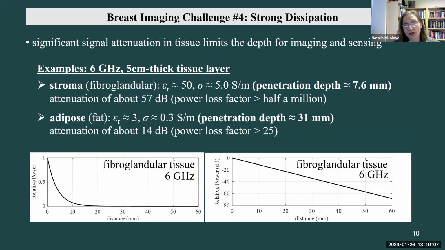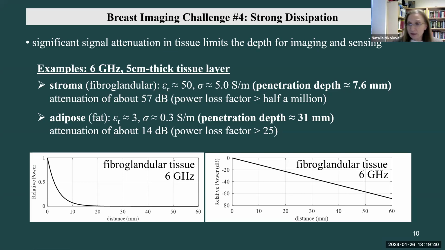Finally, our biggest challenge is that there is strong dissipation in the tissue. And as an example for breast cancer imaging, I'm considering a simple plane wave model, which can give us an estimate of how much power dissipation we can expect for a given thickness of breast tissue, for example, 5 centimeter thickness of radiologically very dense breast, which is essentially just fibroglandular tissue.